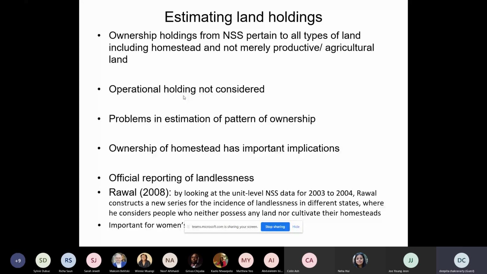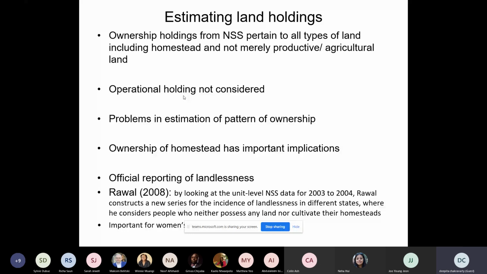All right. But we need to remember that tenancy in India is actually decreasing quite significantly. And in West Bengal, which is one of the major states where tenancy reform took place to a very significant extent, the incidence of tenancy is only 12%.